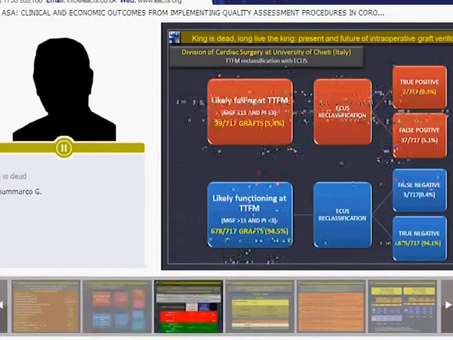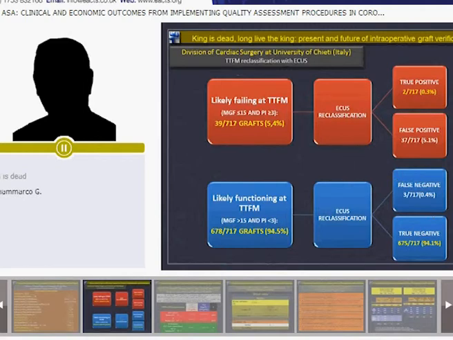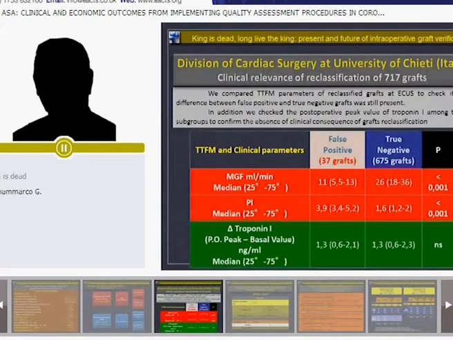We analyzed deeply those groups of reclassified grafts, 37 false positive, and then 675 false negative. We did find, again, a significant difference in the mean graft flow and the PI. So detecting that there was a true difference on the 2 subgroup of grafts.